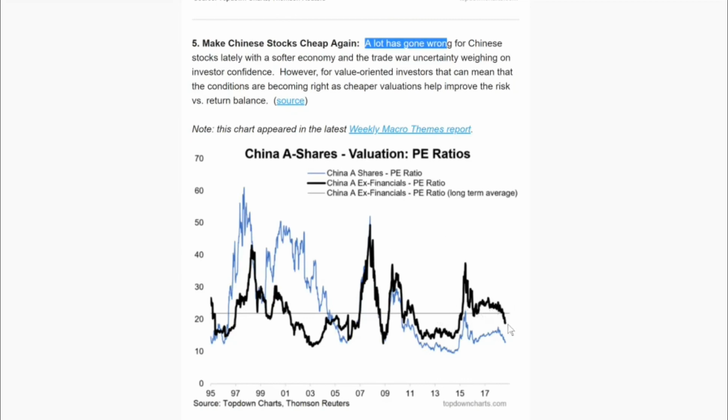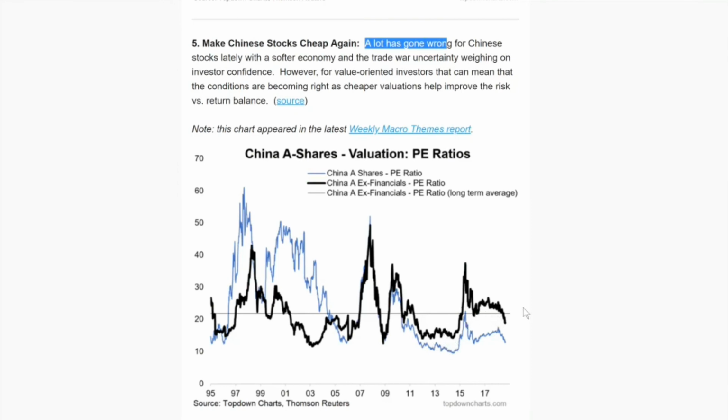And you can see that the PE ratio is back below its long-term average, the lowest it's been since just before the 2015 stock market bubble began. And it's pretty key because back in this period here, 2013, 14, before 15 rather, you could definitely call China A shares a deep value play.